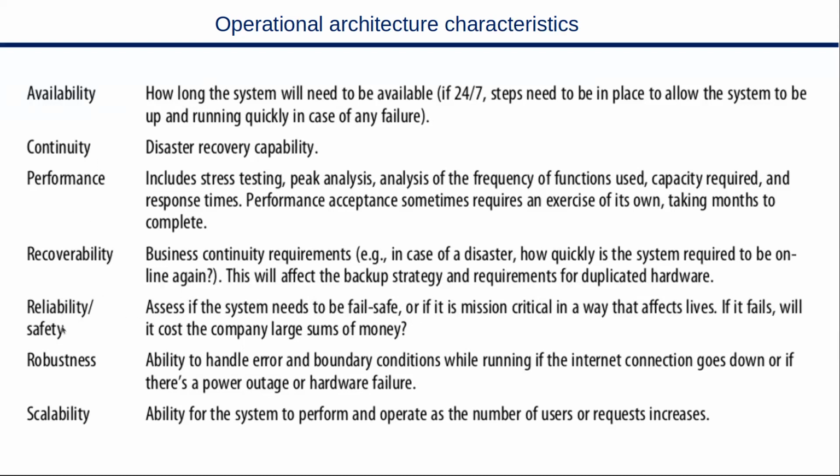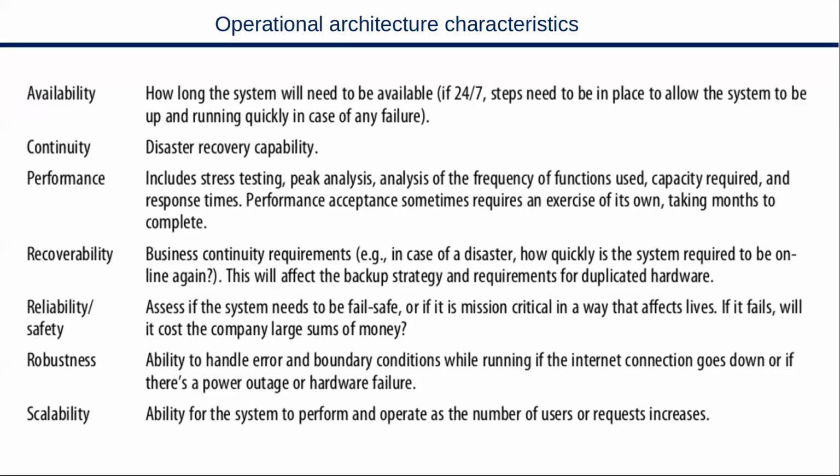Some of these quality attributes or characteristics are the most important, and we will try to spend our time on the most important quality attributes. It is availability, for example, and performance. These are the most critical ones in this part, but there is no strict division between some quality attributes.